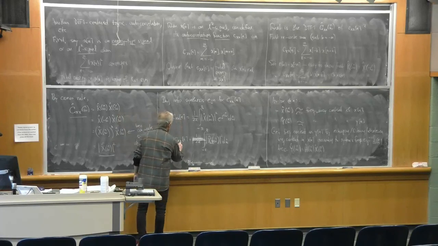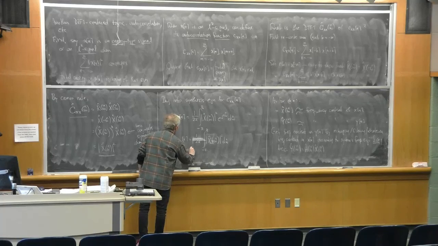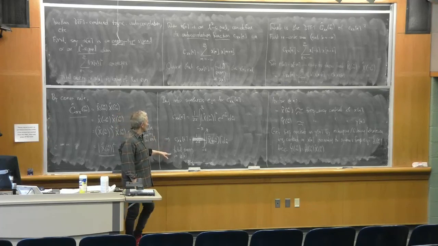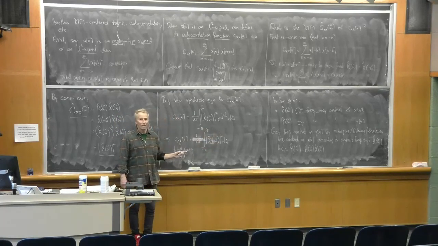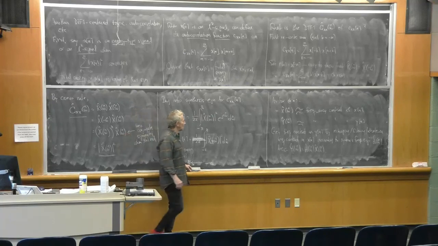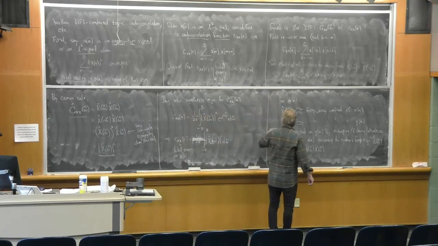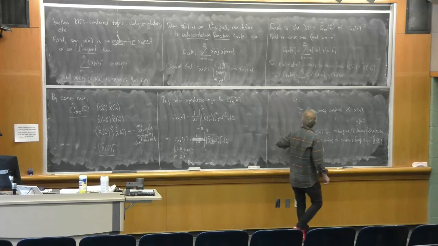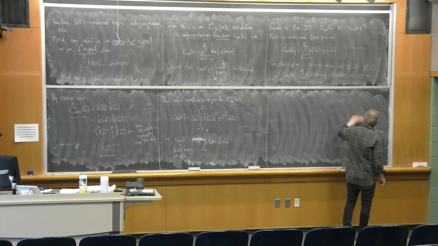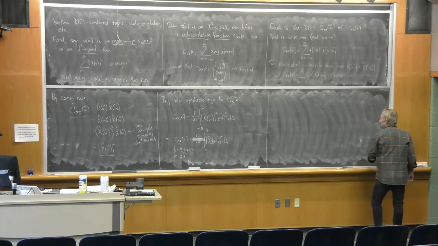And remember, this is the total energy in x of n. For this reason, because the total energy in x is equal to this integral, people refer to the magnitude squared of x hat of omega hat as the energy spectrum of the signal x of n. Because by that equation, it shows you how the energy in x of n is doled out over all the different frequencies omega hat between minus pi and pi.